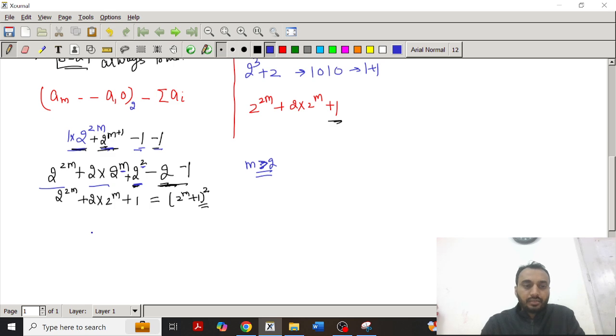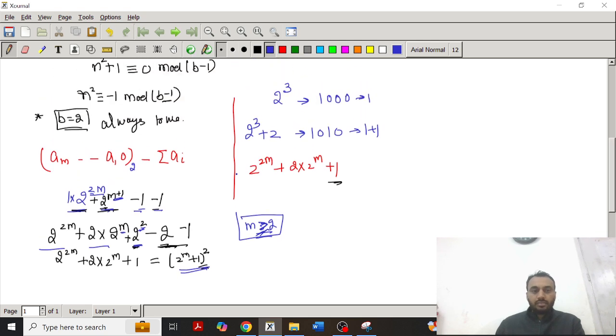So I can say m is greater than 2, or we can say m is greater than or equal to 2 also, because we are using m plus 1 and 2m. If m is greater than or equal to 2, then these place values are different from 2 power 2. If m is greater than or equal to 2, I can write this right hand side in this form.